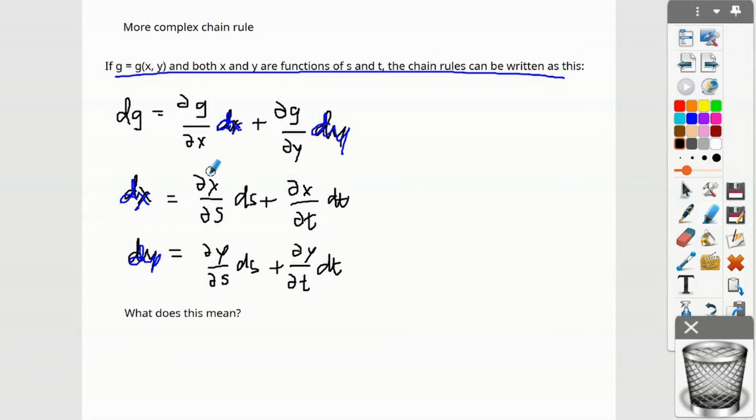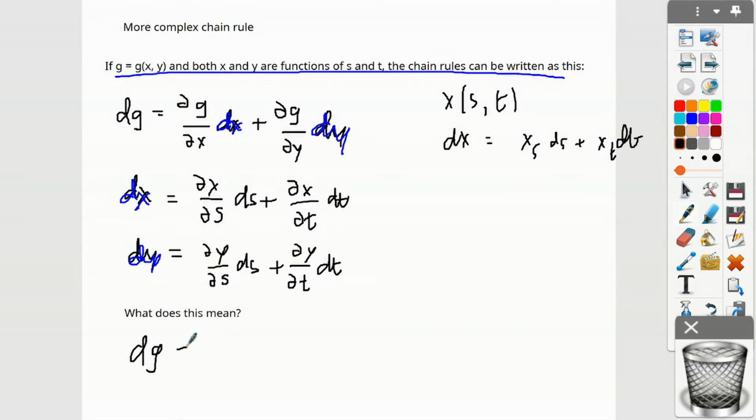This means you can substitute, right? x is x of s, t, so dx is just x sub s ds plus x sub t dt, if you're confused. So dg is equal to g sub x times x sub s ds plus x sub t dt plus g sub y times y sub s ds.